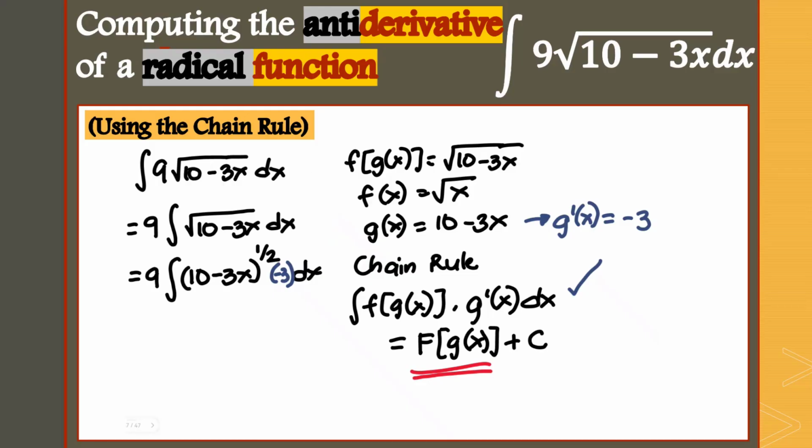What we need to do is divide this side by negative 3 so that it would be easily cancelled out, and it's just the same as the original form. We will not be doing that here. So we will have negative 3 as 9 over negative 3, the integral of 10 minus 3x raised to the power of 1/2, then negative 3 dx.